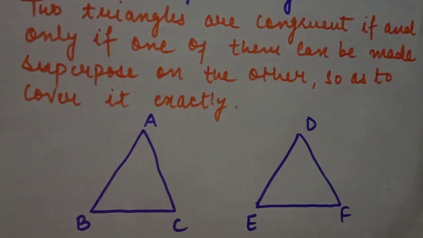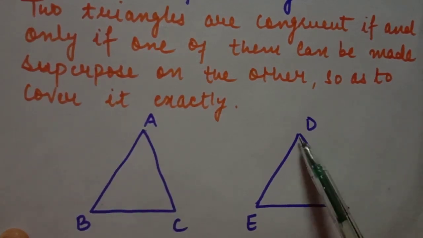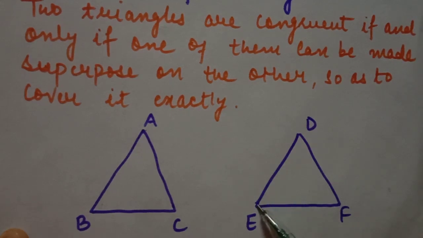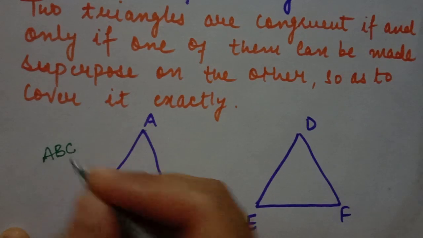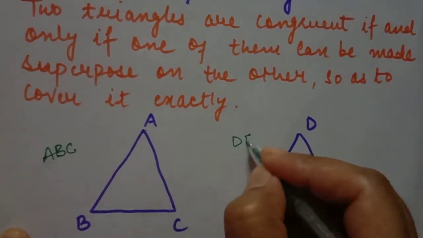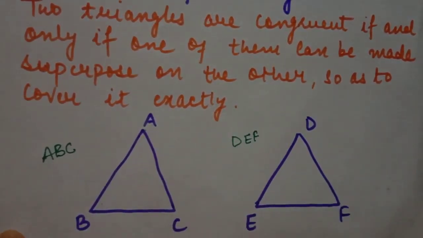That is about the vertices. We have 6 equalities in these two triangles. So what are they?